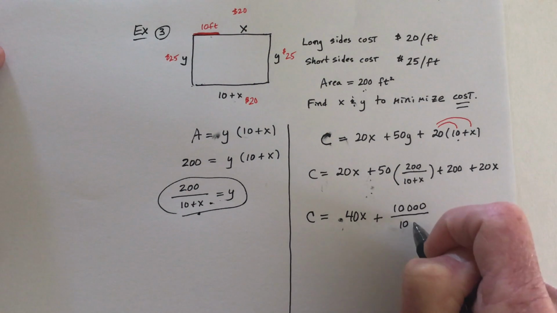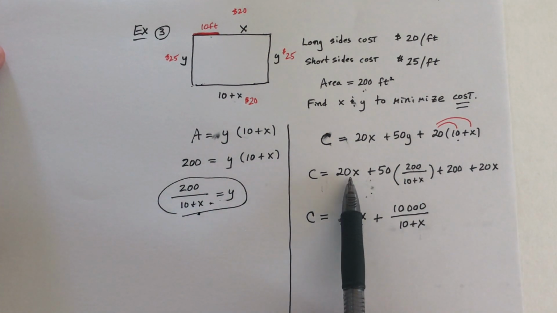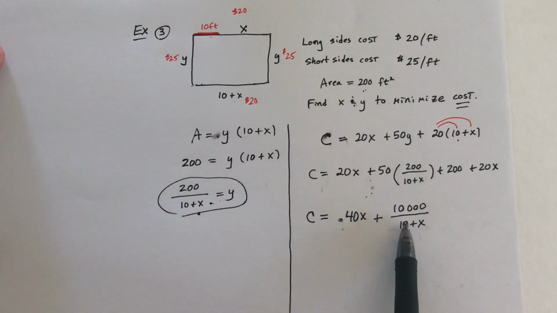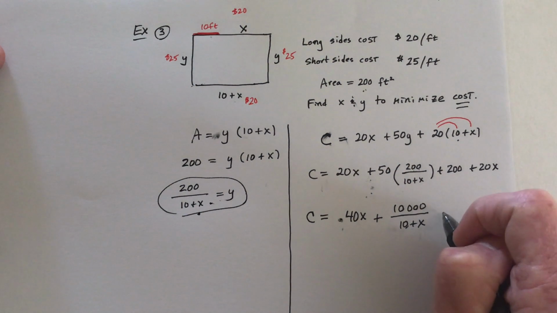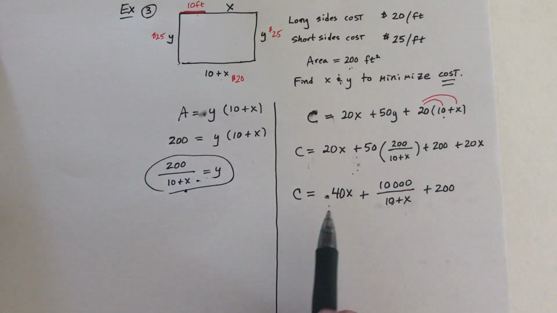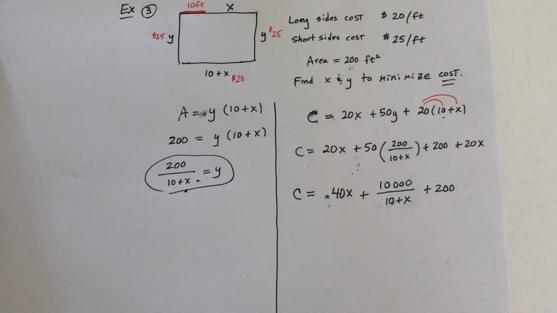And then it's divided by 10 plus x. Let's see, did I get everybody? 20x, 20x, 40x. This times this is this. Oh, plus the 200. Okay, now I've got everything. And this does not say 0.40. That's just a blob from my pen.